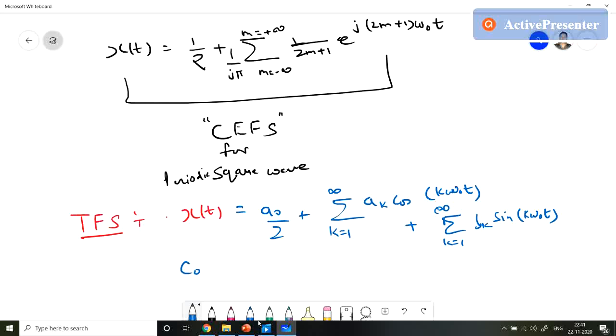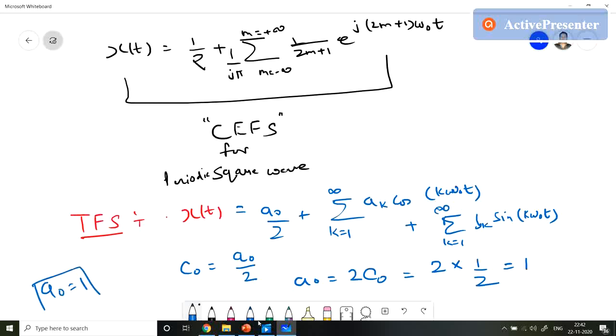And what is c naught? C naught is very simple. It is equal to a naught by 2. So a naught is 2 times c naught. C naught is 1 by 2, so 2 into 1 by 2 is equal to 1. So a naught is equal to 1.